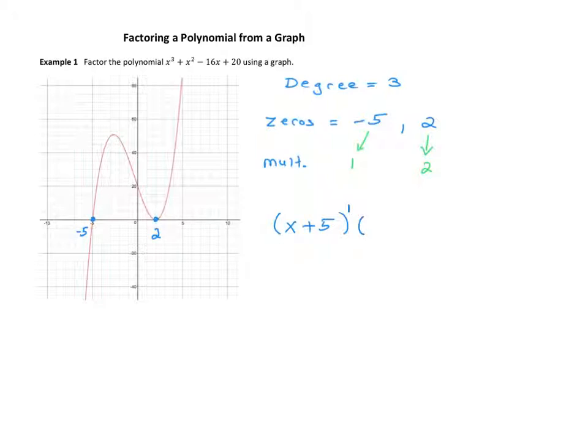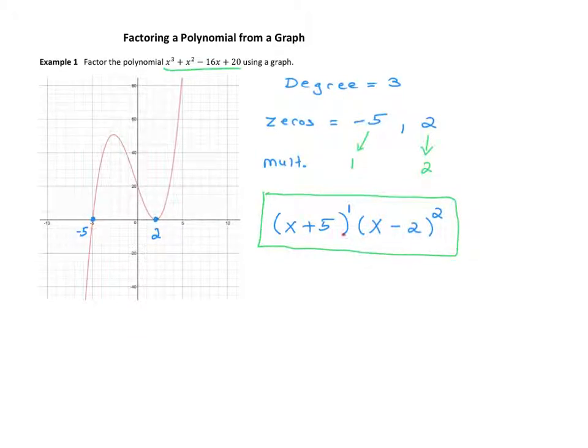Now the second piece is x minus 2. If 2 is a zero, x minus 2 has to be a factor because 2 minus 2 is equal to 0. But the only difference is I'm going to put this multiplicity of 2 within the exponent here. And in fact, this is the factored form of the polynomial that we have up here.